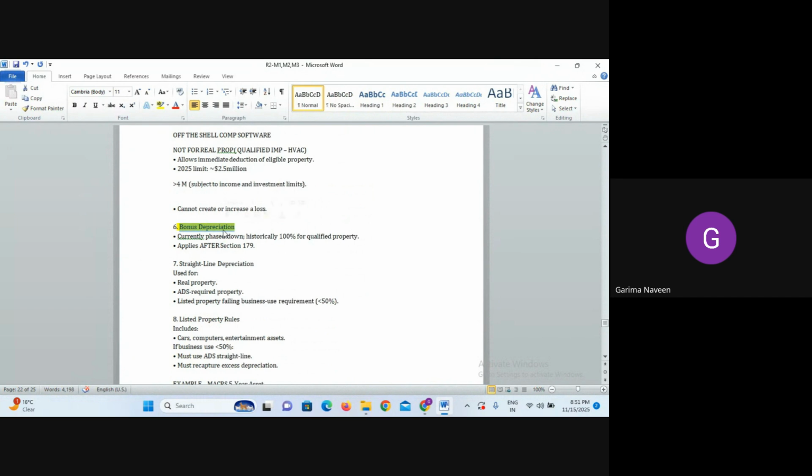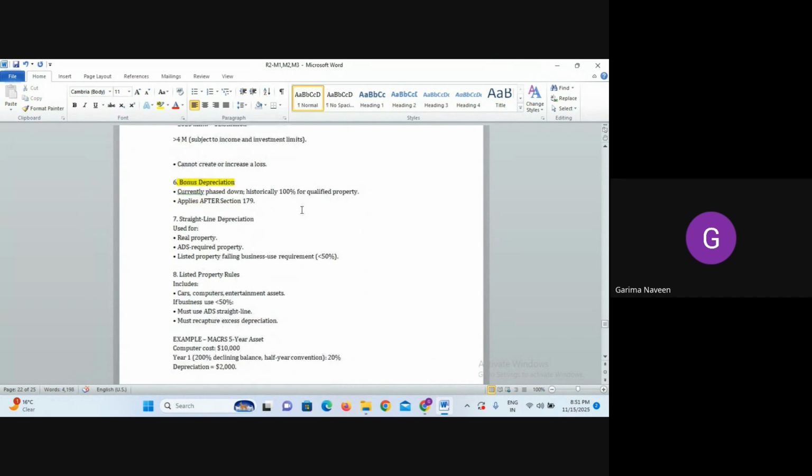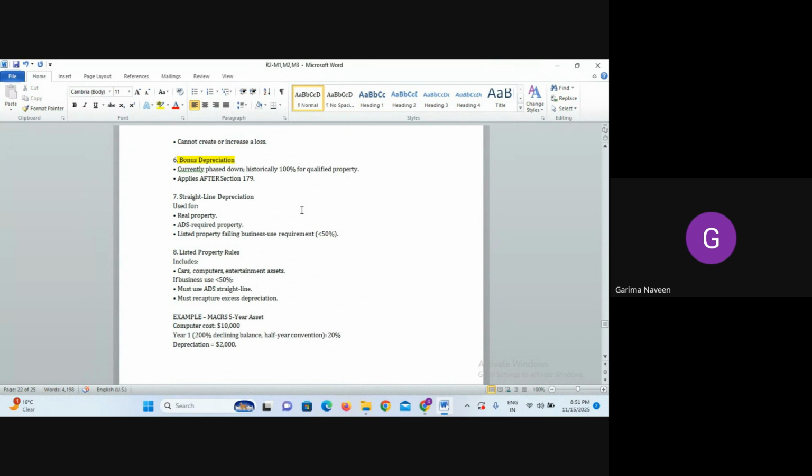For bonus depreciation, it is also given for personal property, not for real property. And also, if you have this property from a related party, then this is also not applicable for bonus depreciation.